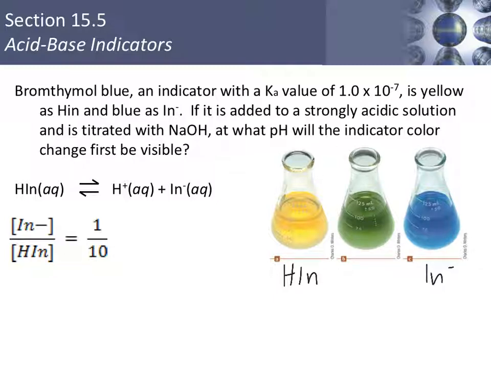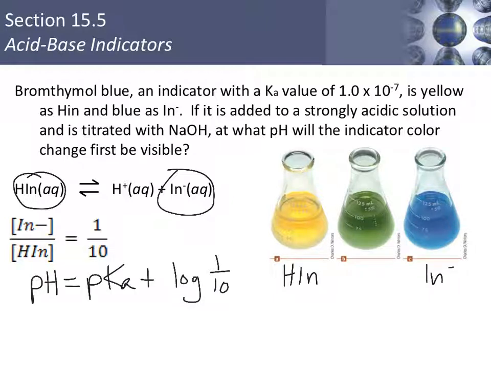We said we would see a color change when 1/10 of the original form had been converted to the new form. So we will have a concentration of both the conjugate base and the acid, and we can use the Henderson-Hasselbalch equation.